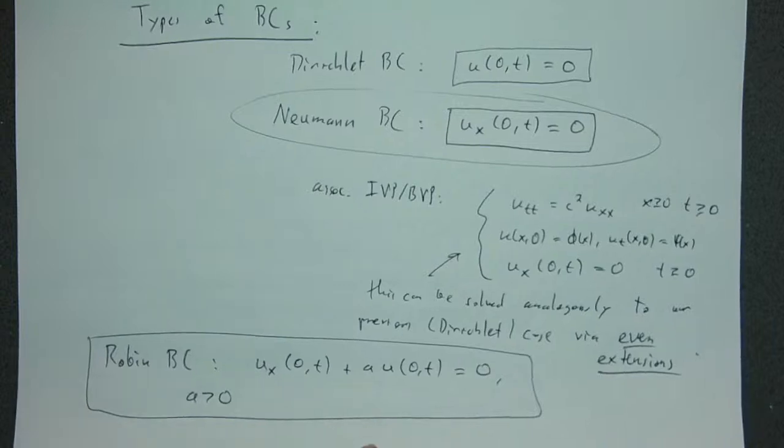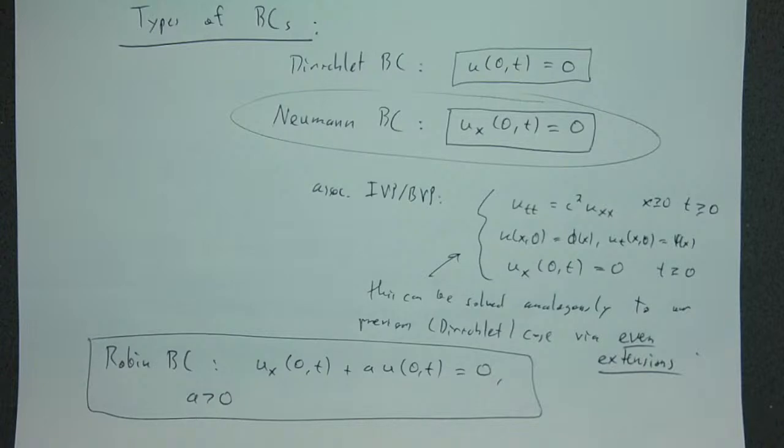The end of a string is attached to a ring on a frictionless bar, but the end is also attached to the top of a coiled vertical spring. The spring exerts a restoring force, trying to pull the ring back to its equilibrium position.